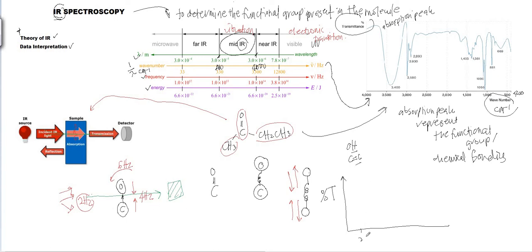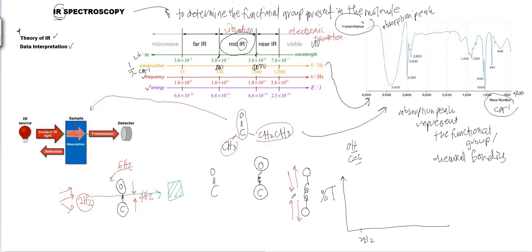For example, you have 2 Hz here, and 100% is transmitted, right? Why is 100% transmitted? Because it didn't match the frequency needed, so it will just pass through, and these 2 hertz will not be absorbed by the molecule to do the vibration, right?